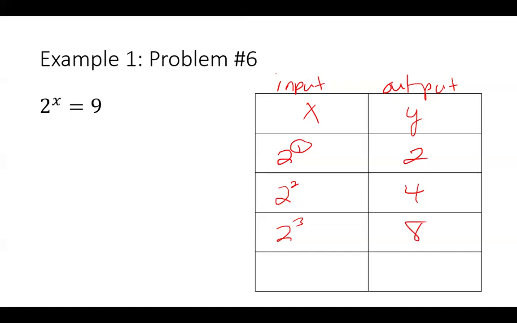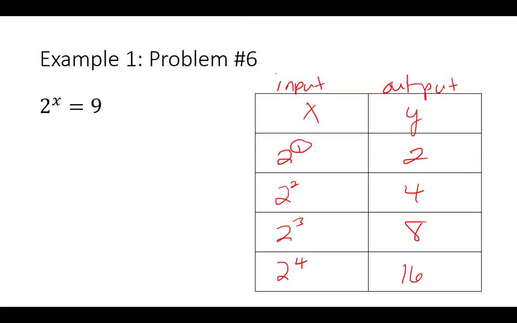Am I at 9 yet? No. If I input 4, what do I get? 16. Okay. Remember, exponents are just an example of repeated multiplication, correct? So I'm multiplying by 2s to get from one to the next. Do we see that? Okay. All right.